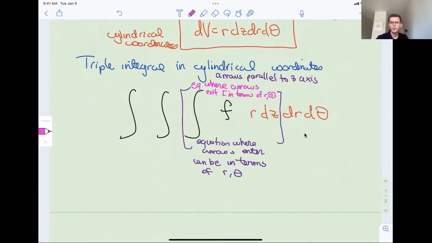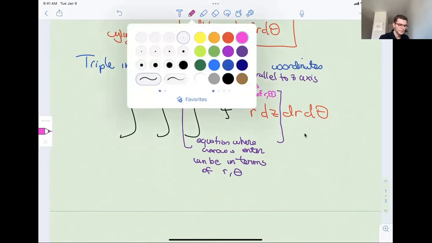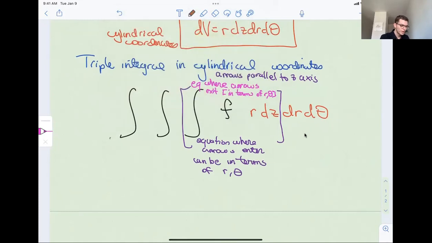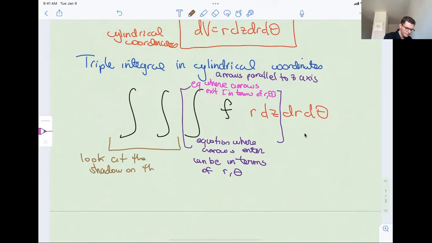And I don't know if you remember, in triple integrals last time, how I told you that you had to do these two bounds. You were supposed to look at the shadow on the XY plane, right? So here you look at the shadow on the XY plane.